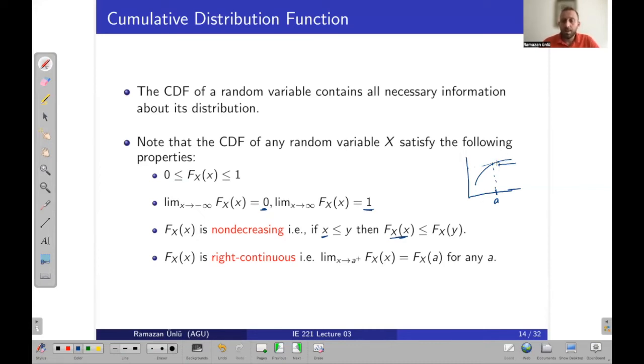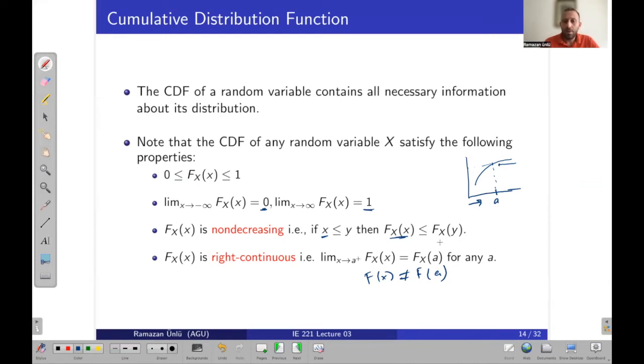But in the CDF, if I reach a from the left side, these will not be equal: F of x is not equal to F of a. That's why this function is right continuous.